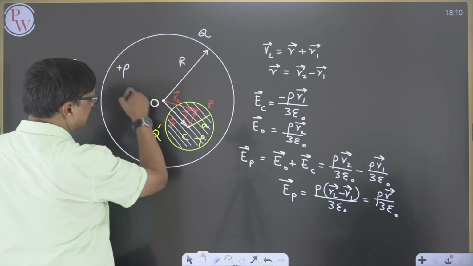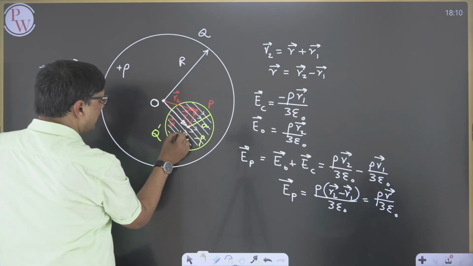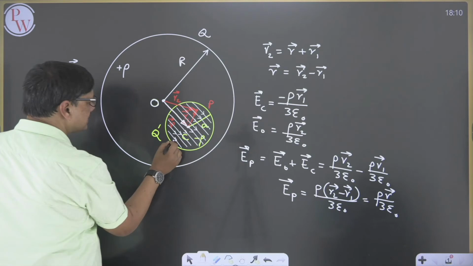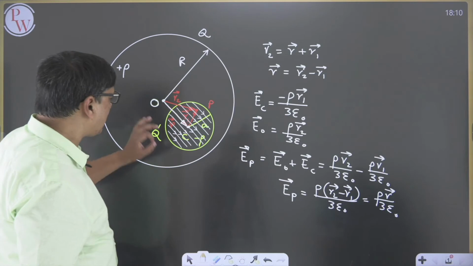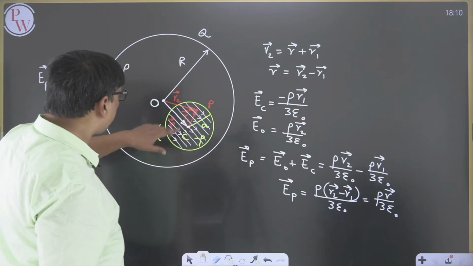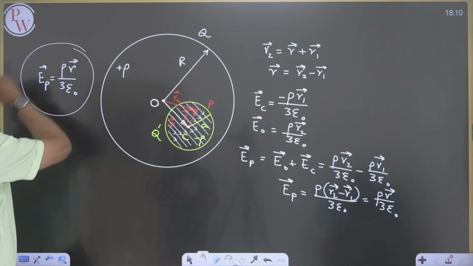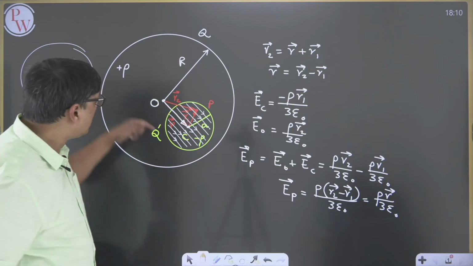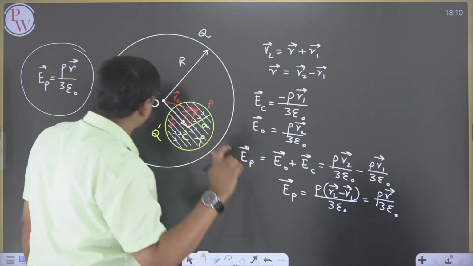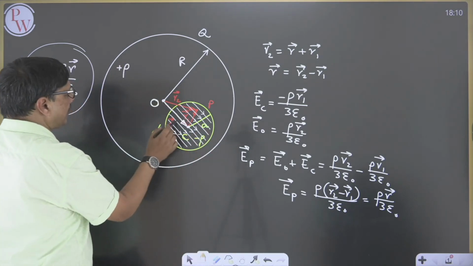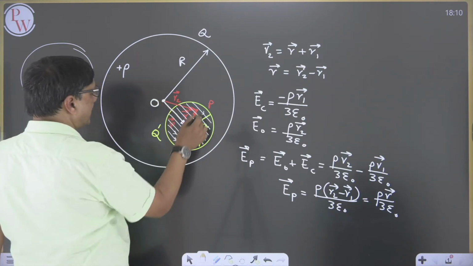Since the positive charge density is here, it is along this direction, and a cavity thus produces uniform electric field within the cavity. Magnitude is rho R by 3 epsilon naught, and direction parallel to the vector R. What is vector R? It is the constant vector in between the two centers, the center of the body and the center of the cavity.